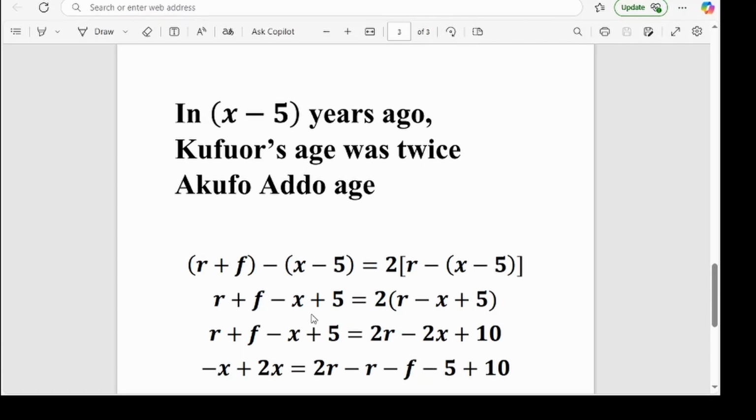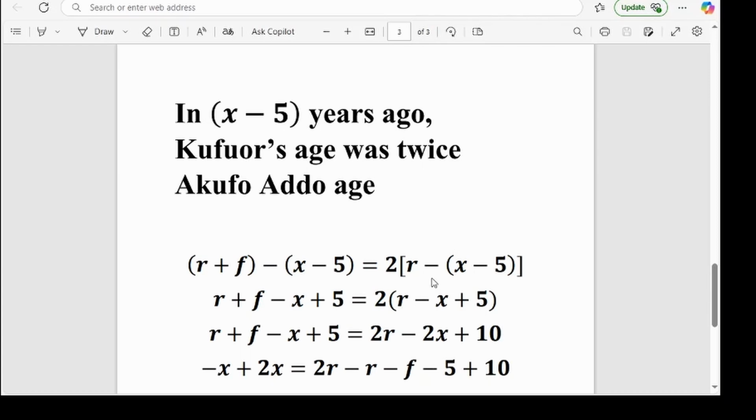So let's move to the other side of the equation where we have Akufo-Addo's age. We have 2 in brackets R minus in bracket S minus 5, brackets close. So let's solve the expression in the bracket first. R is constant, so it remains the same.